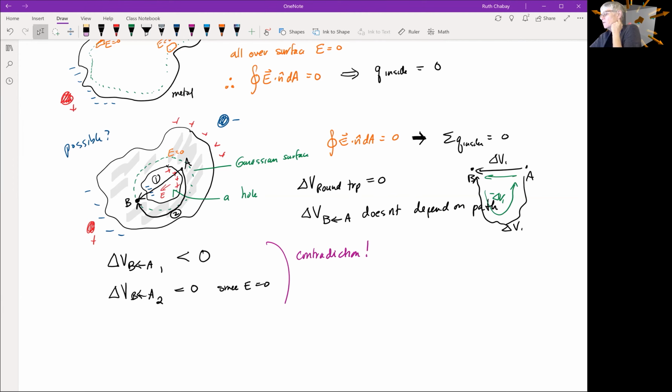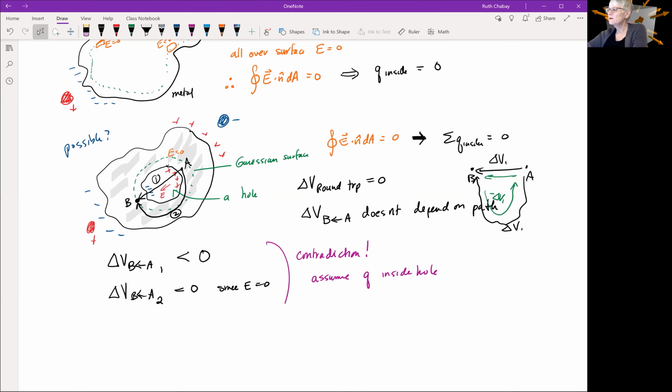So basically what we're doing here is a proof by contradiction. We assume something. In this case, we assumed that there was charge inside the hole. And we followed this logic through, and we found that we got a contradiction, that we got a potential difference from A to B that was different depending on two paths.